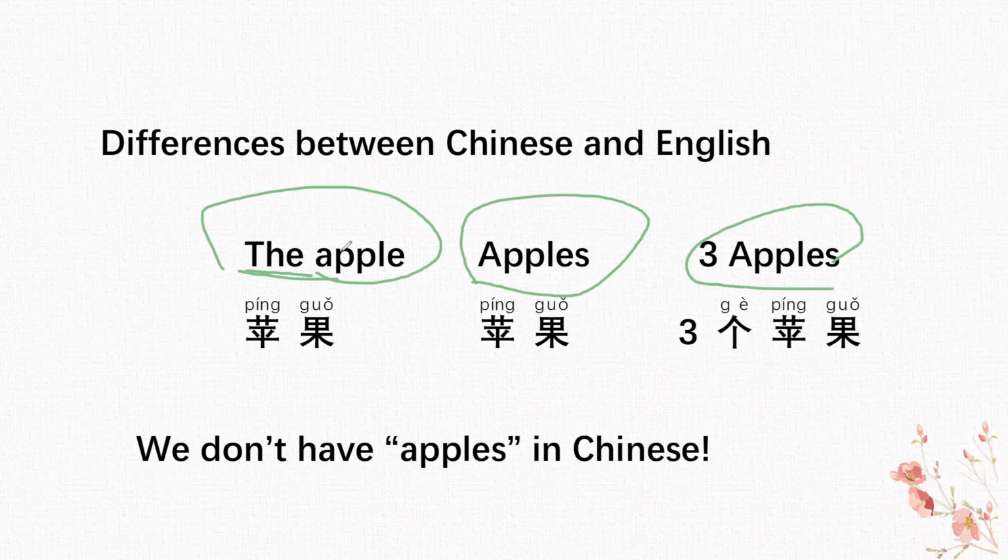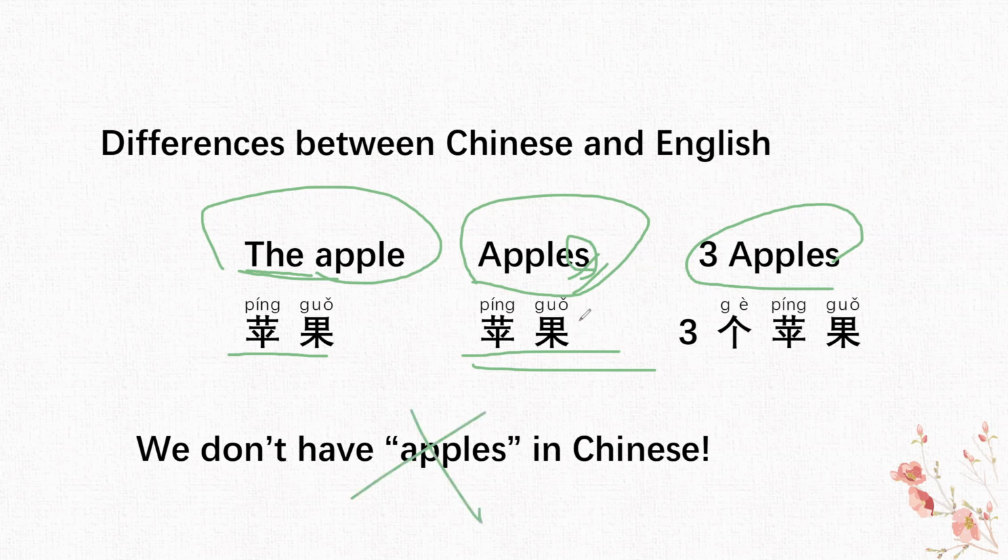You need to put something before the apple or you have to say apples. In Chinese, if you say the apple, we call it 苹果. If you say apples, we also call it 苹果. We do not have an independent plural version of each noun. We don't have it in our language, okay?